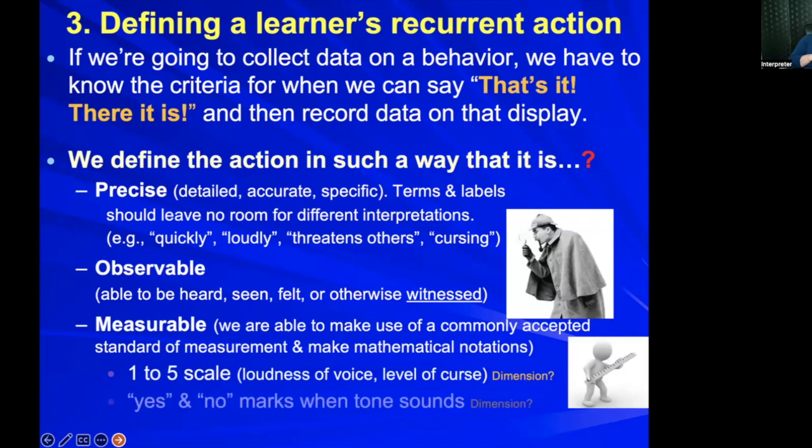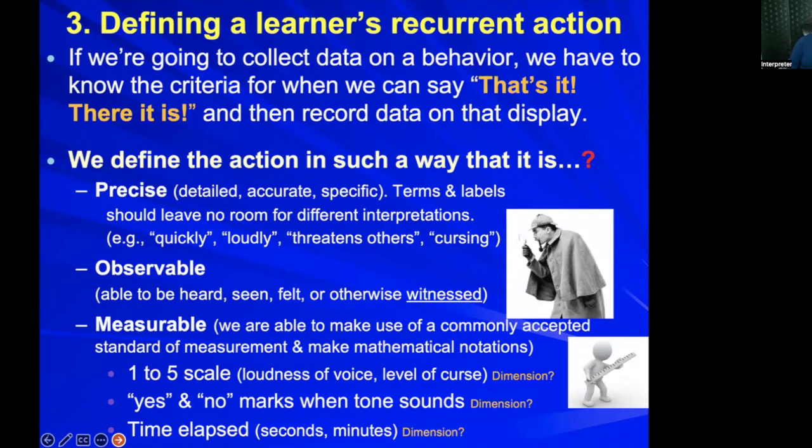And we have to avoid general everyday terms and give our definition a lot of precision. So words like quickly and loudly and threatens others and cursing, we need to define exactly what it is that is going on, not these generalized terms.